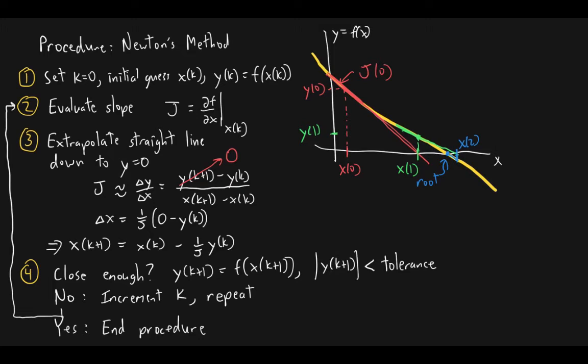So far, this procedure has been described in terms of scalar values for f and x, but we can almost use the exact same procedure for vector-valued f and x as follows. First of all, we need a partial derivative, which is now going to be a matrix. The way that's evaluated is first df1 dx1, and then underneath that df2 dx1, and so on, so that the first column is just the partial derivative of f with respect to variable x1.